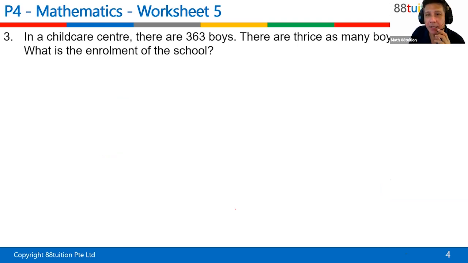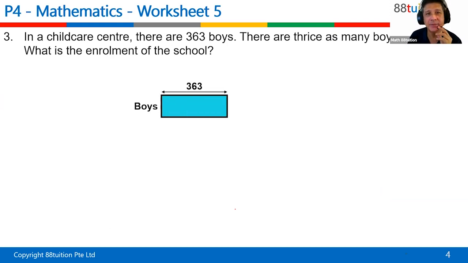Okay, so before Abir and Ariano get started, maybe I will show you a model first. So if I say in a childcare center there are 363 boys, of course, what I will do is I will just draw a rectangle and I will put 363 boys over there. So that is the first sentence, Nicole.